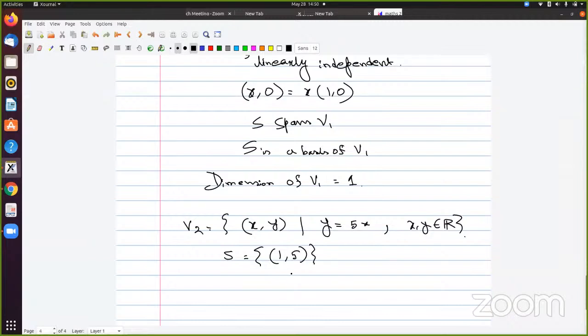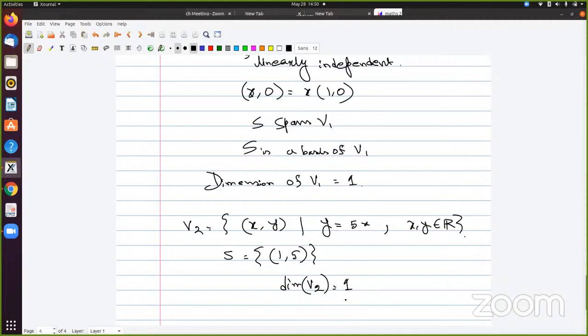So at least this part is clear that this will be a basis, right? This will span the whole space, and this is independent because this is just one single thing. So the dimension of V2 is 1. Sir, explain the doubt till this dimension point. What is the cardinality of the basis?